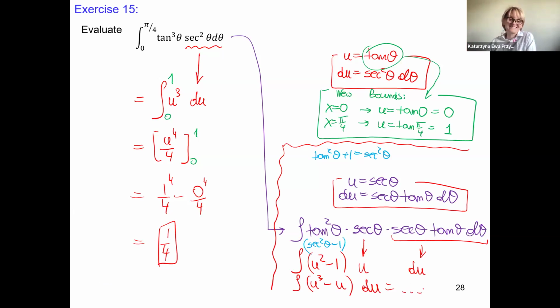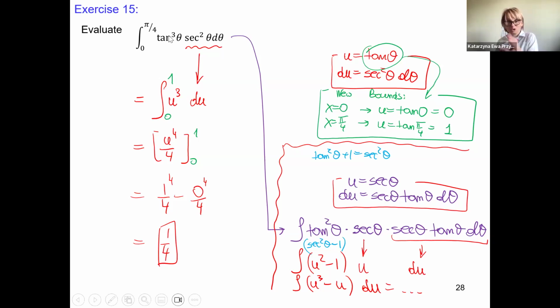Wow, we can nicely integrate term by term, and I believe we will get 1/4. Actually, I think we were just lucky, because if this were a different power than 3, it would be a little bit more complicated or maybe not even possible.